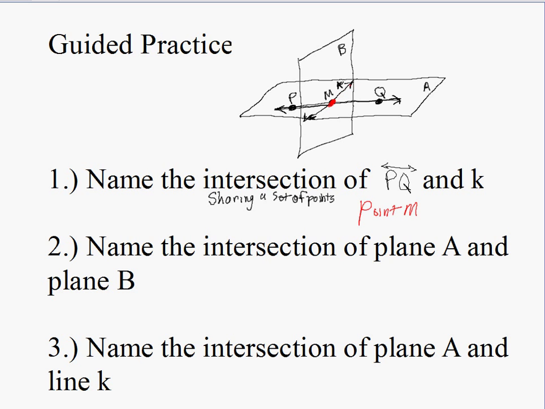Now, unfortunately, we can't name 2 points because it only has this 1 point on it. So the answer to number 2 would have to be line K. Okay. This one we can't use a symbol because this is not a point and M is the only point on that line. So we have to call it line K.